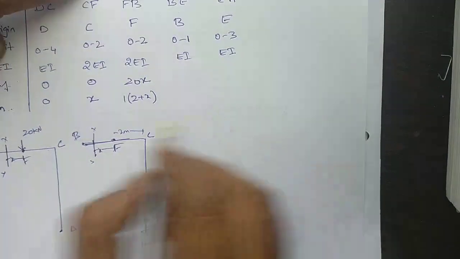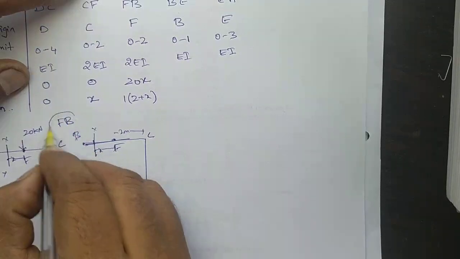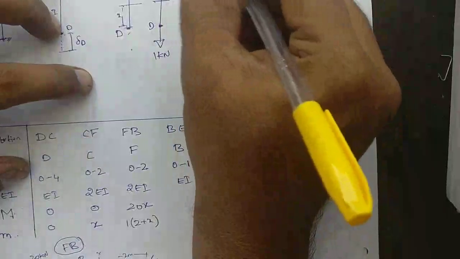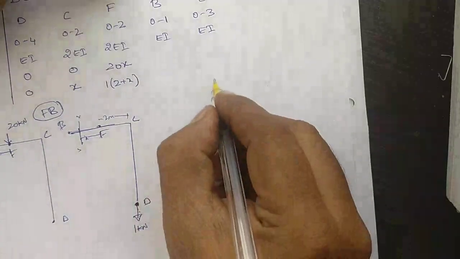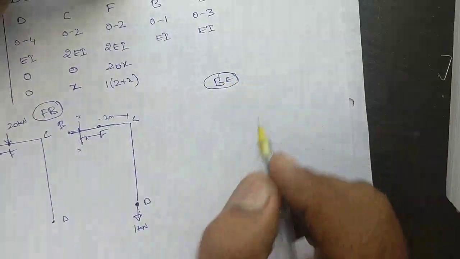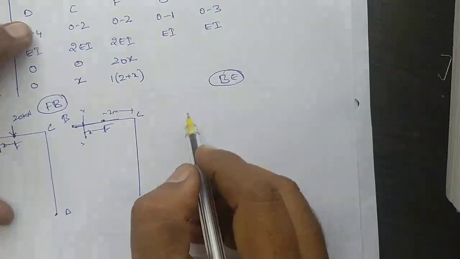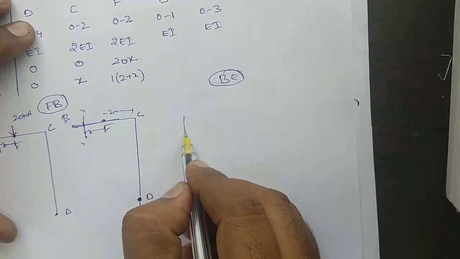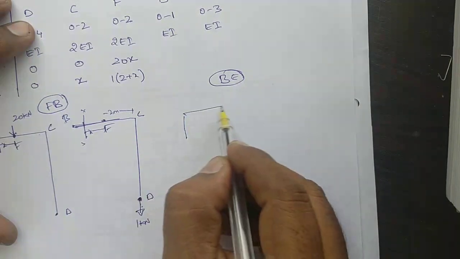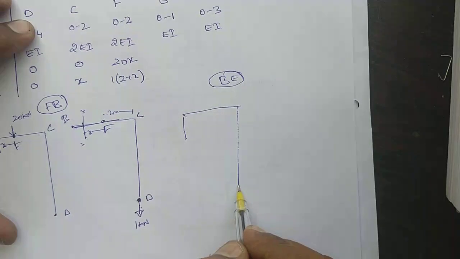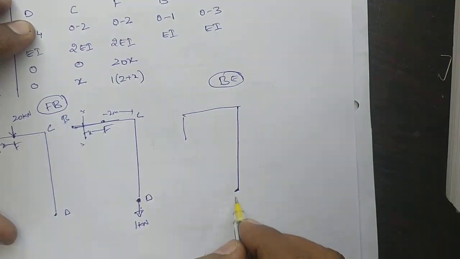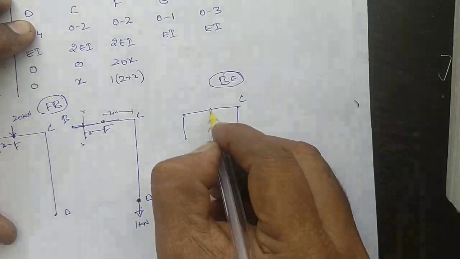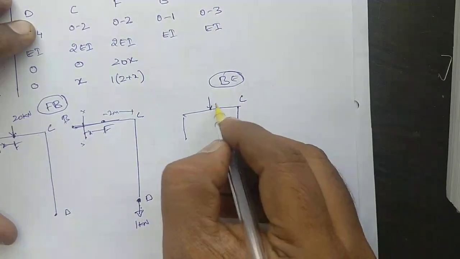And coming to this is FB. This is CF. This is DC. Now coming to BE, what we have framed like this. This is D, C. We have 20 kilonewtons here.